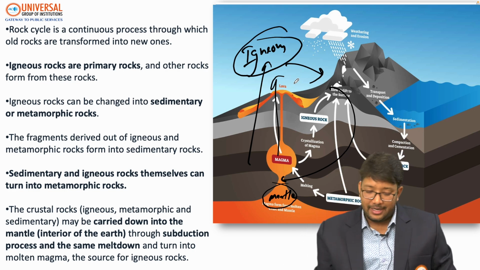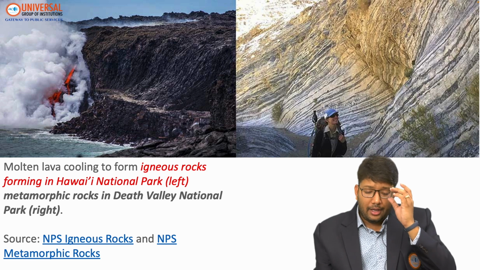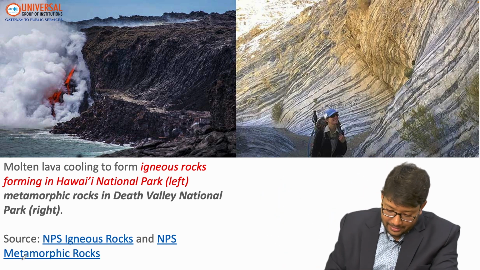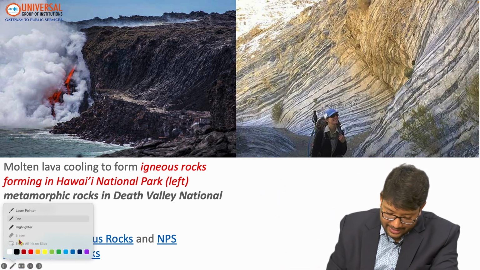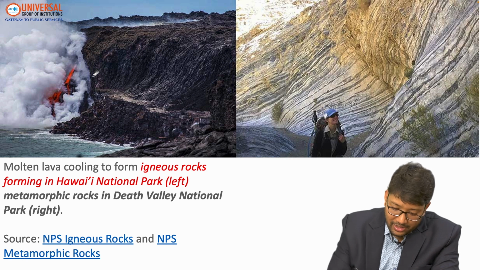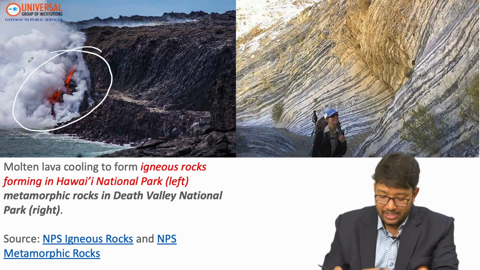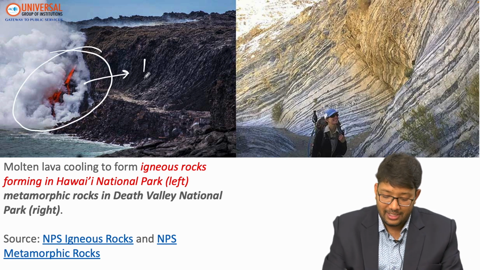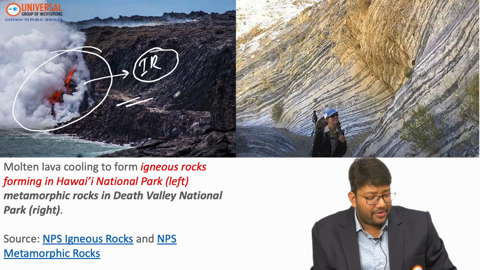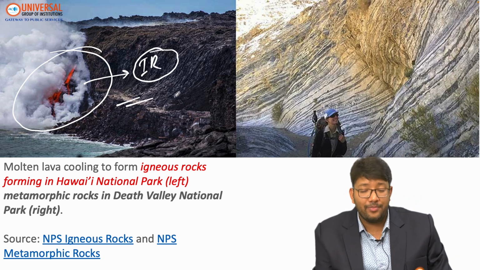Now, in this diagram, these are the igneous rocks. The left one is the molten lava. This is the lava, molten lava. These are forming which rocks? Igneous rocks. And this is the photo of Hawaii National Park. Hawaii is very active, a volcano plume basically.